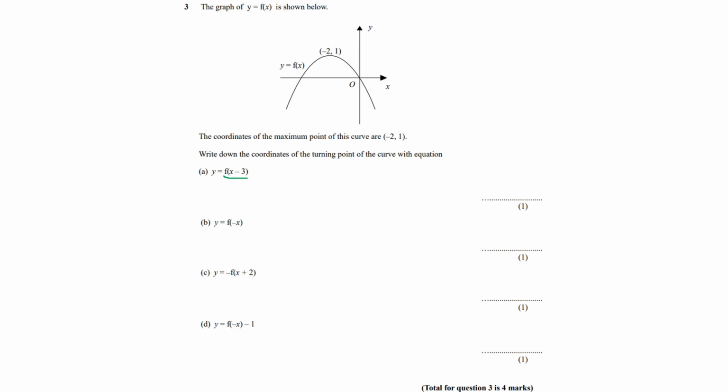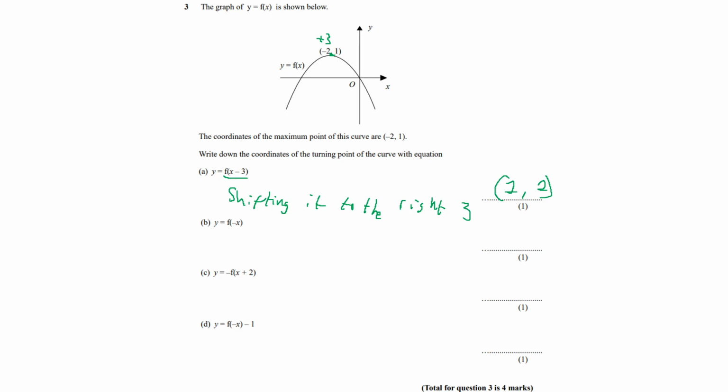Well, remember what we said. If it's minus, we flip it, so it's going to be plus. We're shifting it to the right 3. So this is minus 2, and we shift it to the right 3. We're adding 3 here. So what's minus 2 plus 3? It's going to be 1. So the answer is 1, 1.